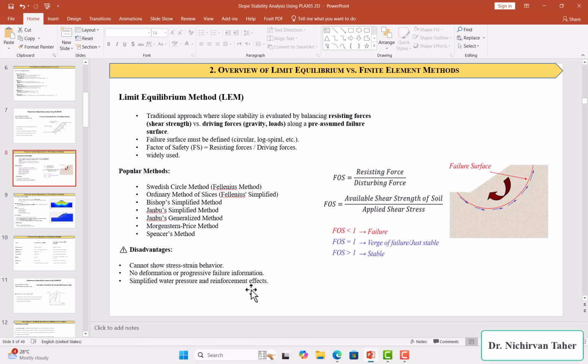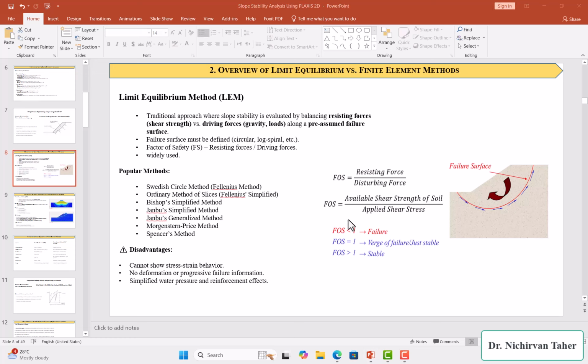Also it is not easy to estimate the pore water pressure inside the slope, or to use the reinforcement effect using these methods.